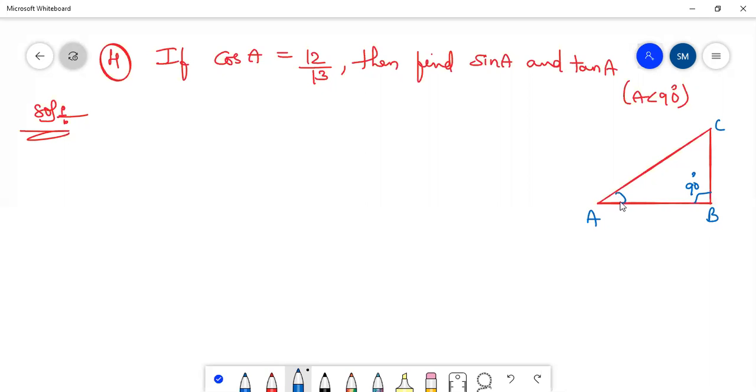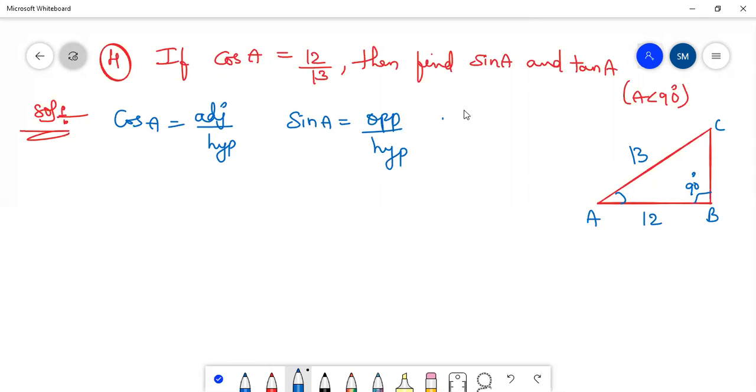In this, cos A is equal to adjacent side by hypotenuse. So here the adjacent side is 12, hypotenuse is 13. Then to find sin A equal to opposite side by hypotenuse, and tan A is equal to sin A by cos A or opposite side by adjacent side.